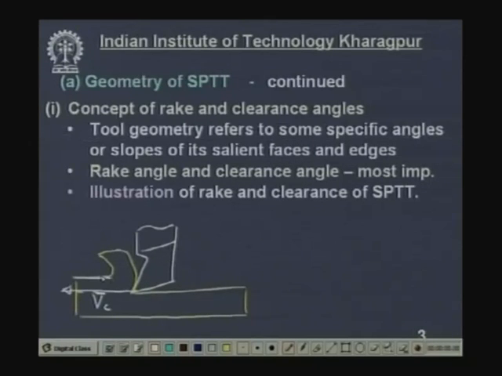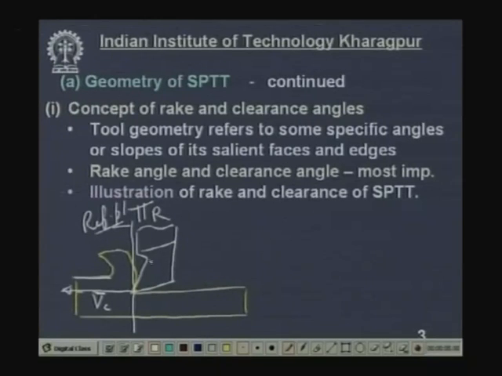Now, what is rake angle? Angle means inclination of some face of the tool with respect to some reference plane. Now, you take one reference plane, denoted by pi r.